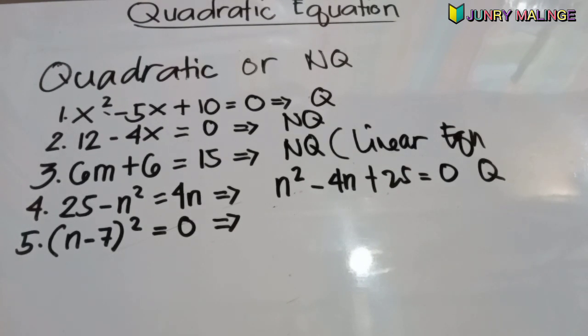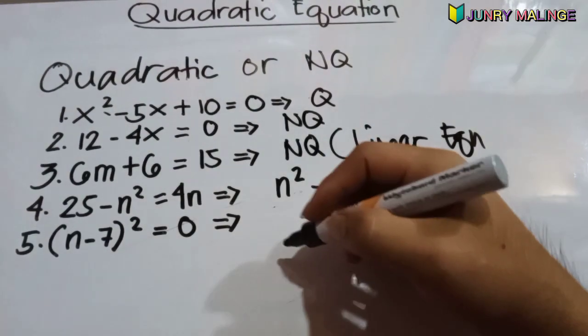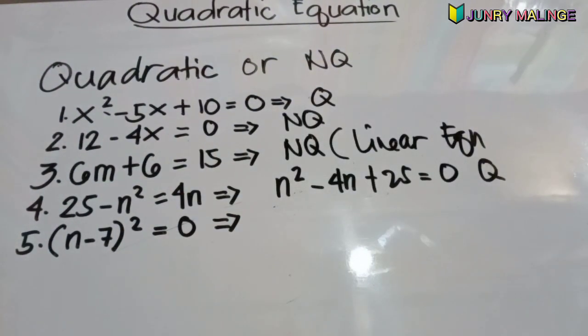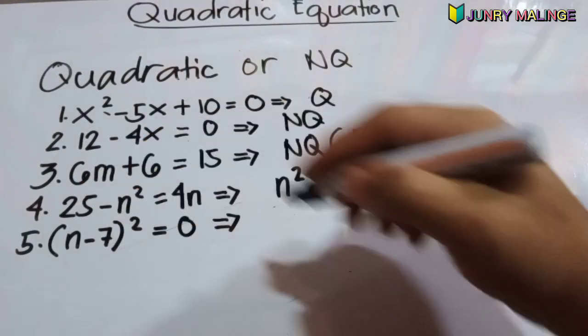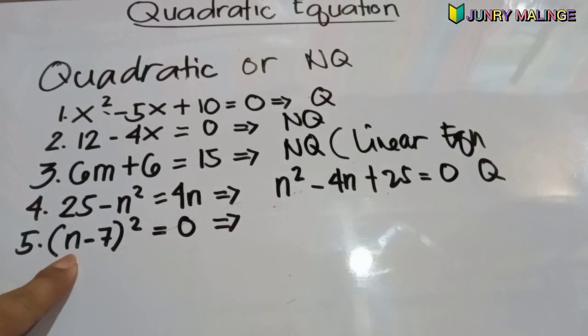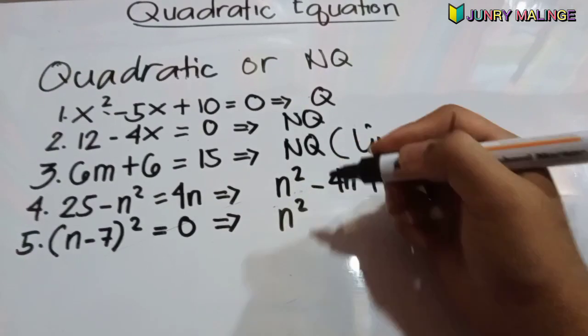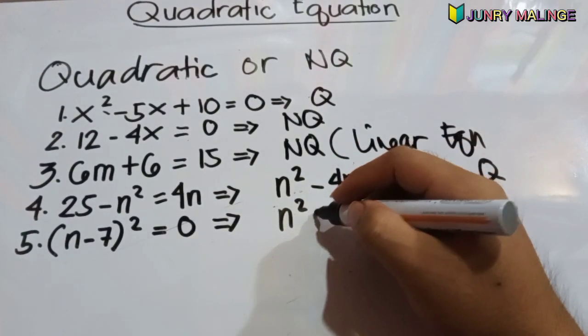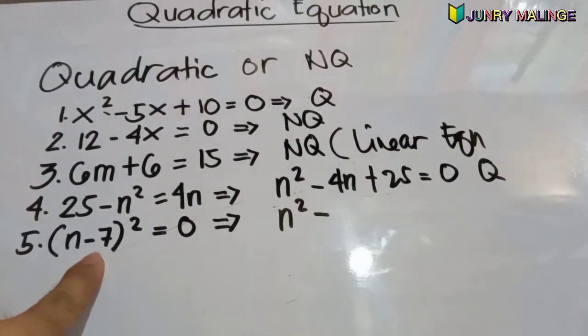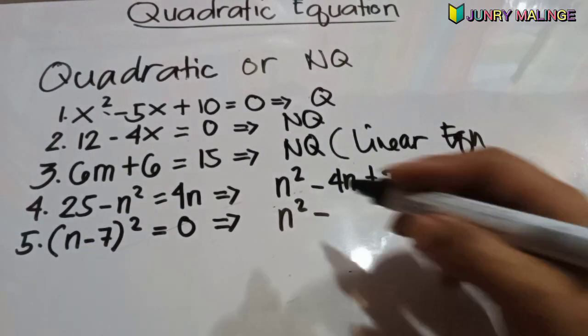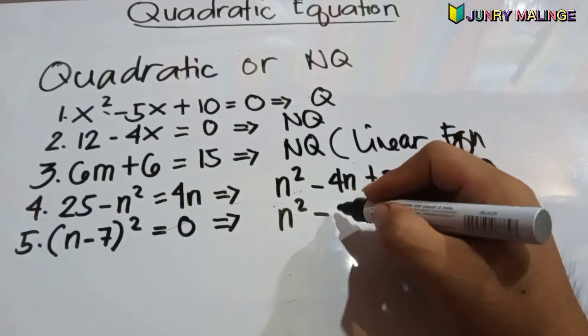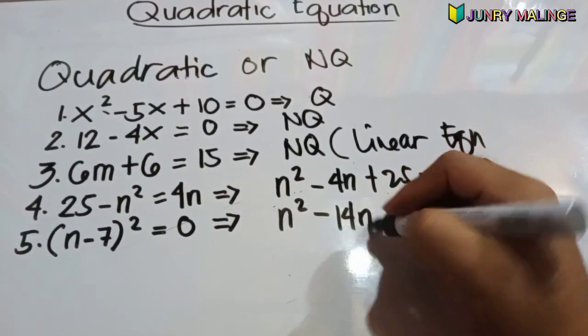Alright. So paano natin ito gawin ng standard form? So now, we're going to apply the square of binomial. So recall natin guys, paano natin siya i-apply? Since we have a degree, we're going to multiply. So n times n, that is n squared, minus this is our operation, so minus 7 times 2, that is 14, our literal coefficient, that is n.